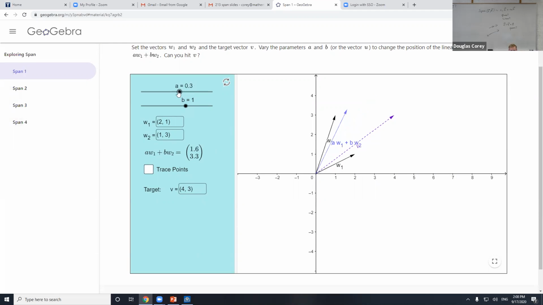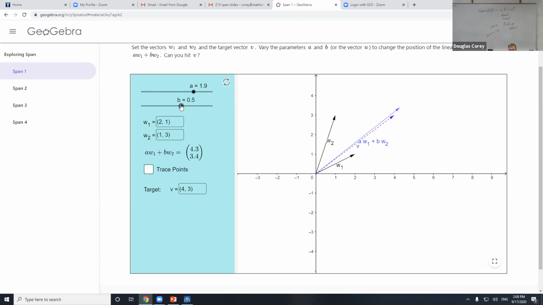So for example, if I make this 0, then if I change B, that just changes the length and direction of W2. And if I make that 0, I would just have different lengths of W1.